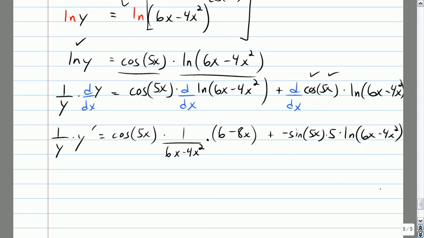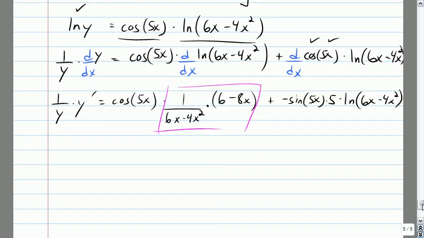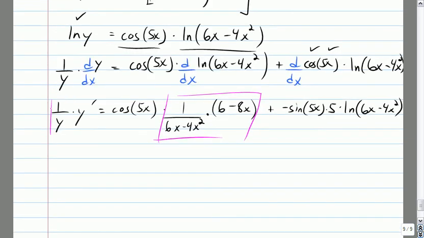So now I got to simplify it a little. I mean, I'm not too stressed about simplifying, but you might as well write that as a single fraction. And then you'll multiply both sides by y to get rid of the 1 over y. So y prime equals the right-hand side multiplied by y.